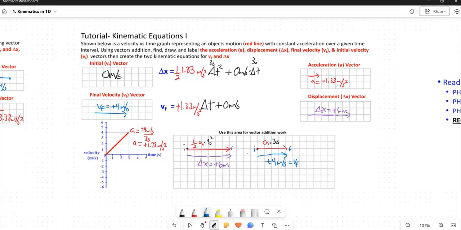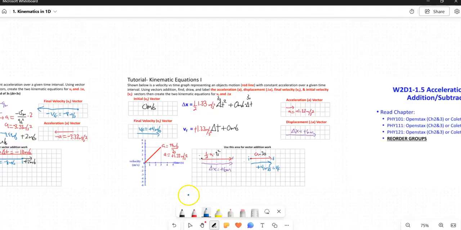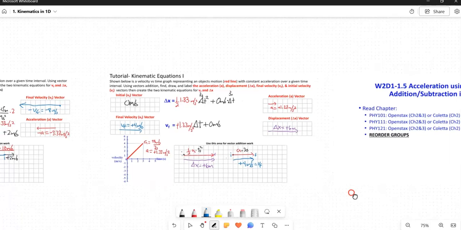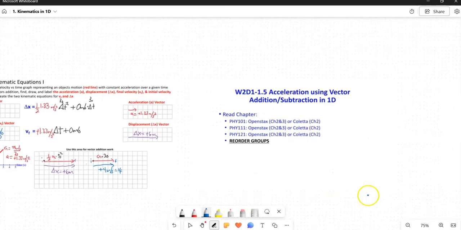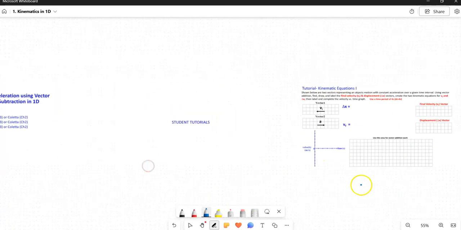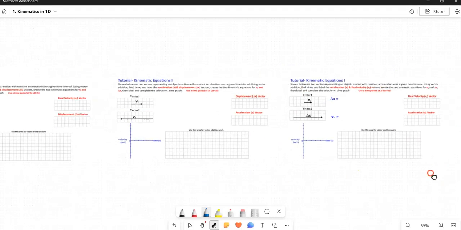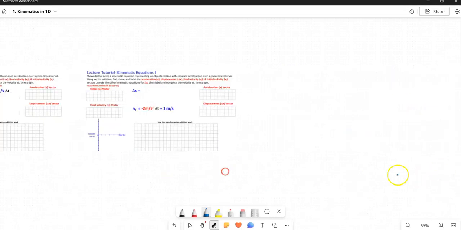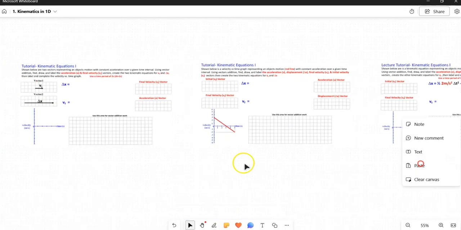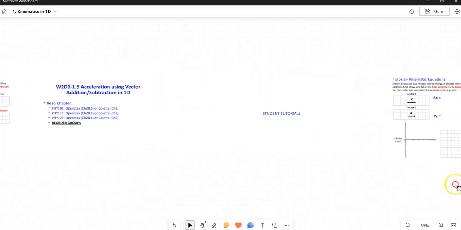Okay. Anyways, that is the tutorial, and I did a lot more than I should have, but I just wanted you to get a whole view of the tutorial. Yours is very much like mine, and they're quite easy. So try it out.